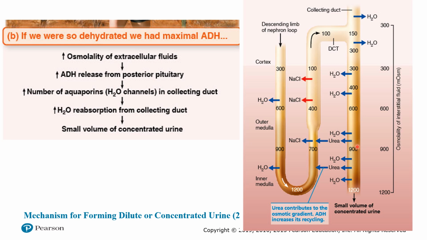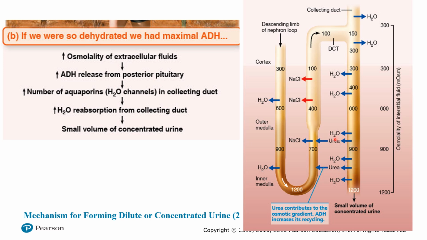Then ADH also causes the movement of urea from the filtrate into the interstitial space, and then this urea is reabsorbed in the proximal tubule. So this urea also causes this osmolality gradient in the interstitial fluid and the collecting duct.